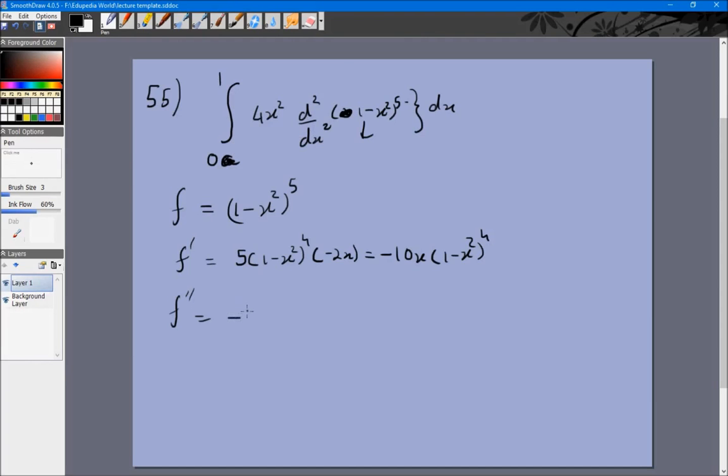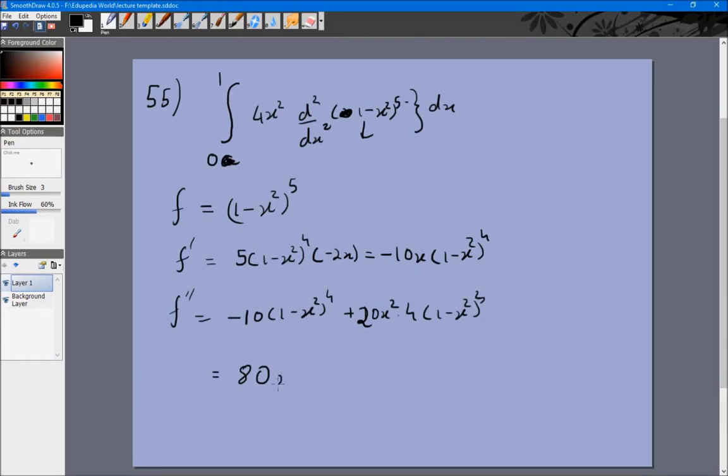So f dash is minus 10 times (1 minus x squared) to the power 4 minus 10x times 4 times (1 minus x squared) whole cube times minus 2x. So it becomes plus 20x squared. So f dash x basically is, this is 80, and this is x squared, sorry.